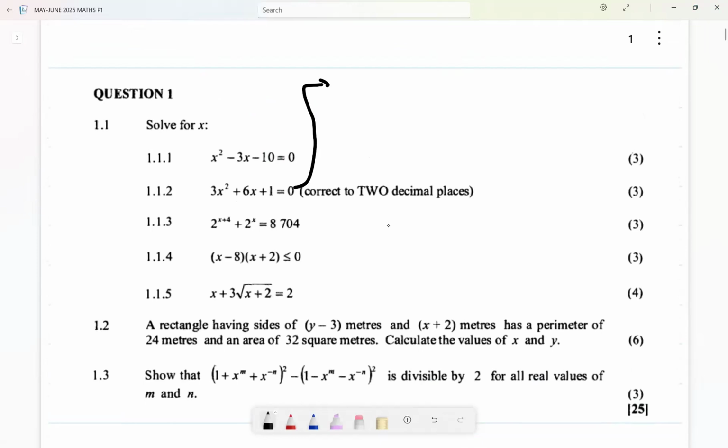3x squared plus 6x plus 1 is equal to 0, correct to 2 decimals. They automatically tell me I need to use the quadratic formula. I don't like writing it, but I'll write it: x equals negative b plus or minus the square root of b squared minus 4ac, divided by 2a.